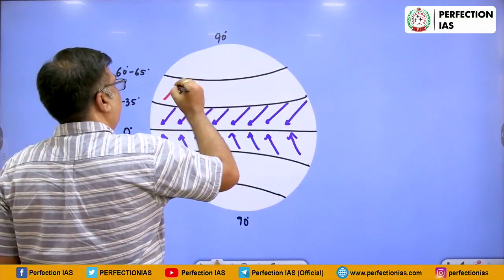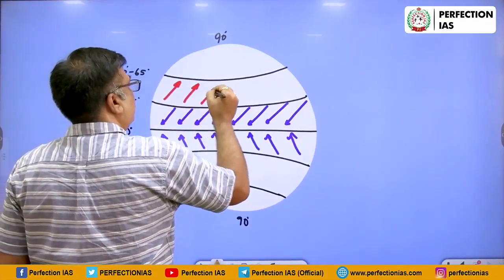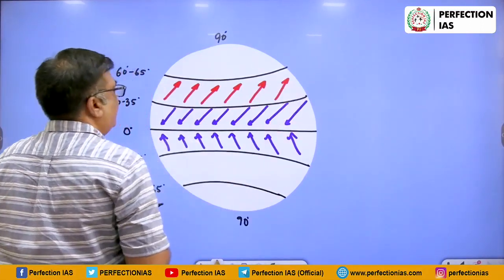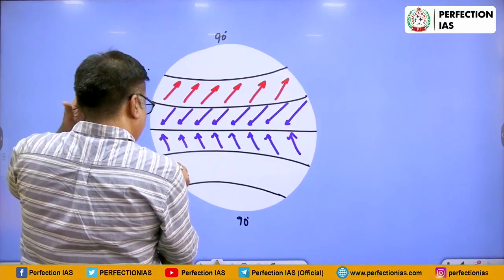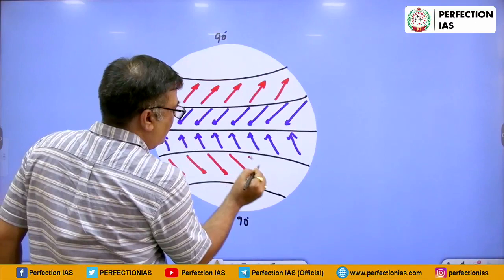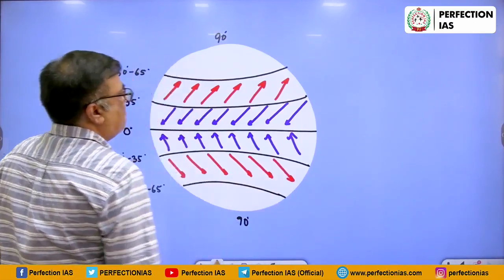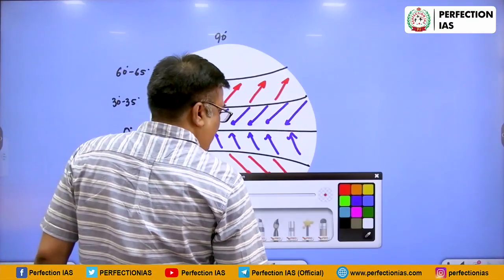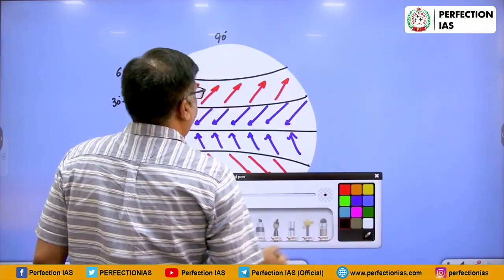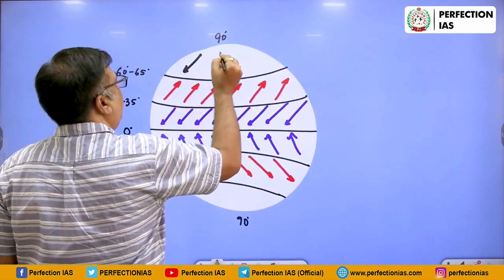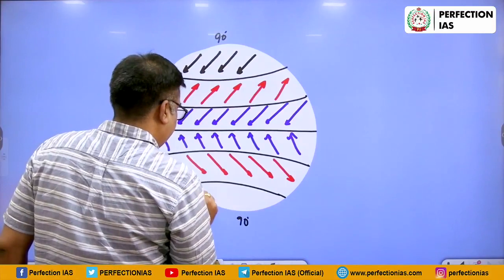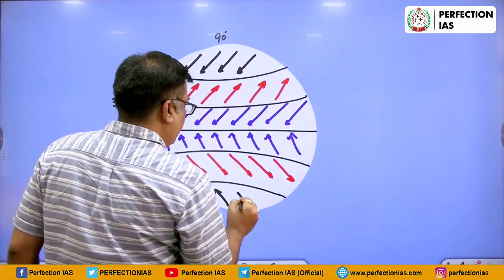Here westerly winds, these winds blow from 30-35 degree to 60-65 degree, like this. All right, and thereafter polar wind is there, and polar winds blow from 90 degree to 60-65 degree.